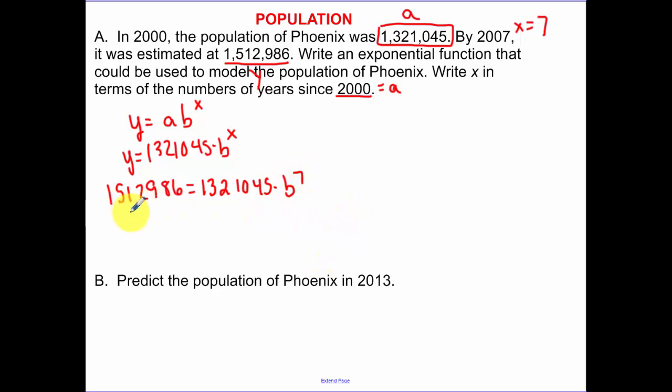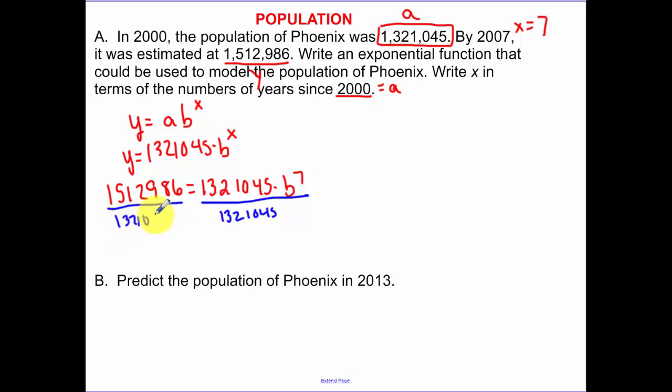We have when y is equal to approximately 1.5 million equals our initial amount times b, x equals 7. So we need to solve this equation now. It's a lot easier to solve. So I'm going to divide both sides by 1321045. And again, I don't expect you guys to be able to do this without a calculator.